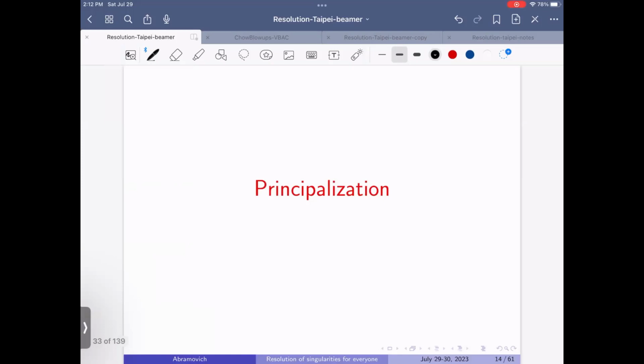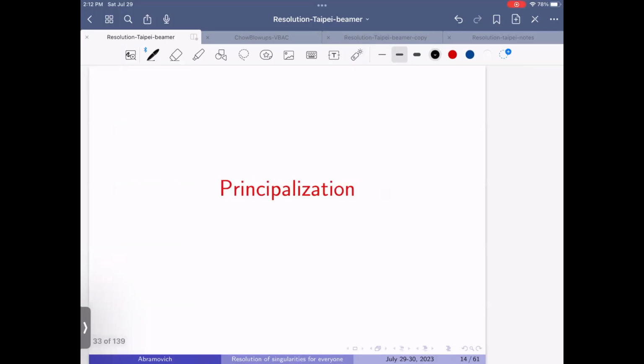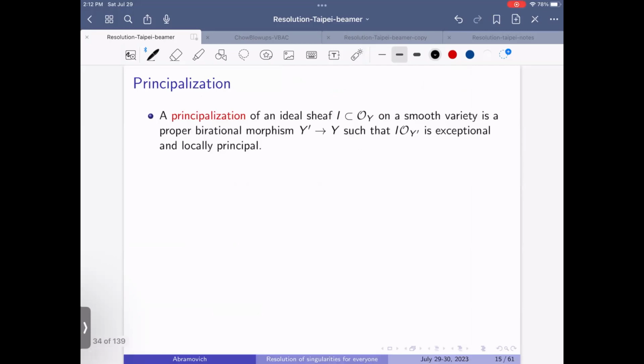Okay, so I'm going back to Hironaka and people following Hironaka. So there's a process by which you reduce the resolution of singularities to something else. This is called principalization. A principalization is something you do to an ideal on a smooth variety.